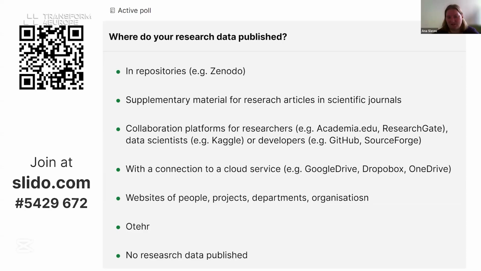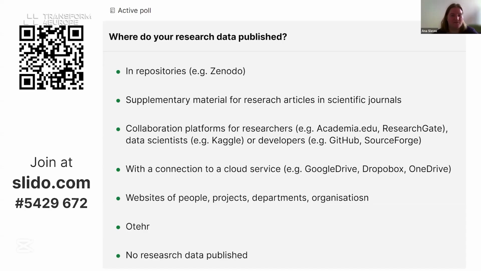Only people who have the link can access this data, and this link is not permanent. So just sharing data in a cloud service is not good enough. Of course, a repository is always a better choice.